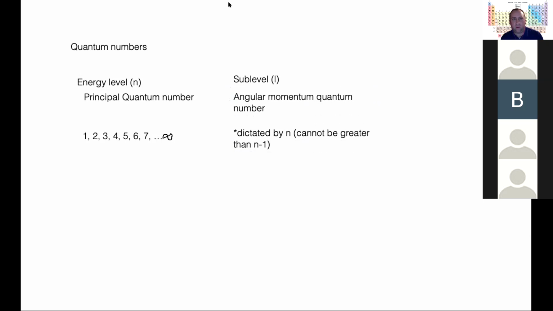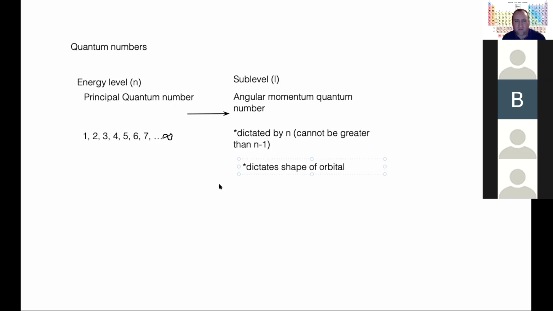So again, just kind of following through here, if we want to describe an electron, the first thing we do is we describe what energy level it's in. Then we can describe the type of sublevel that it's in. And the sublevel dictates the shape of the orbital.